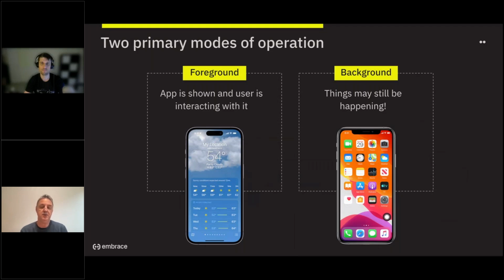But ultimately, when the user comes back to use the app, if you haven't handled the background behavior correctly, then you may leave the user with an experience that is not what they expected. So understanding what is happening in the background can be really critical for many applications. That's unlike a backend service, where there normally is really only just one mode of operation.